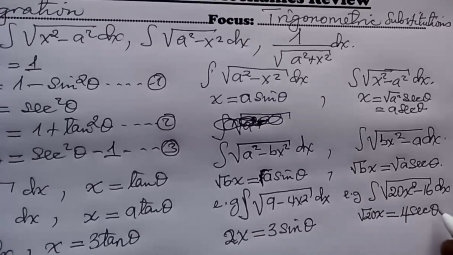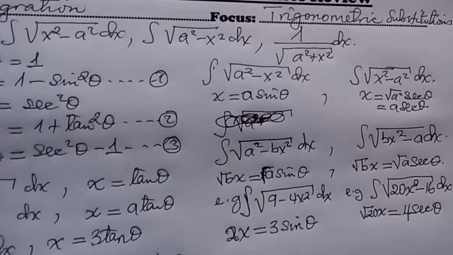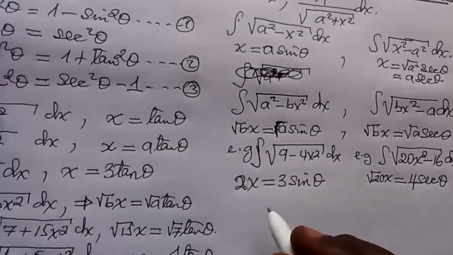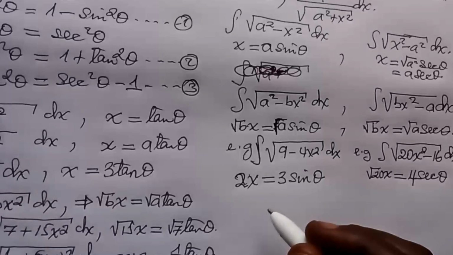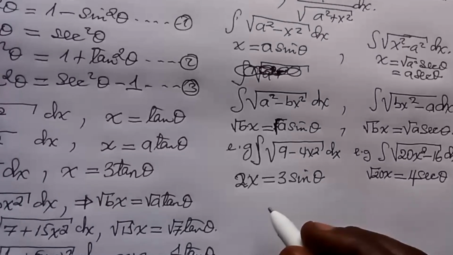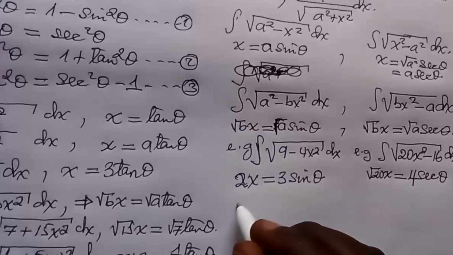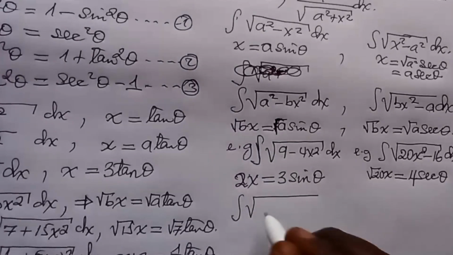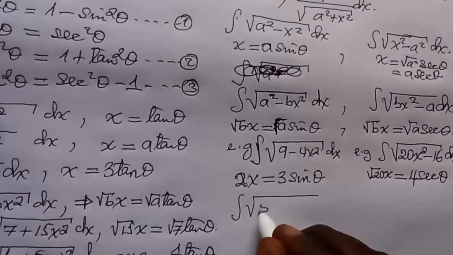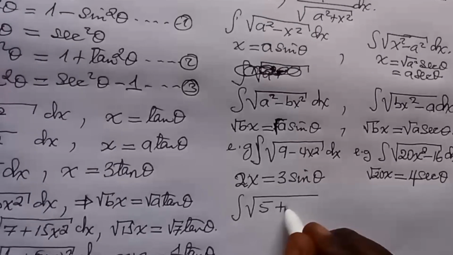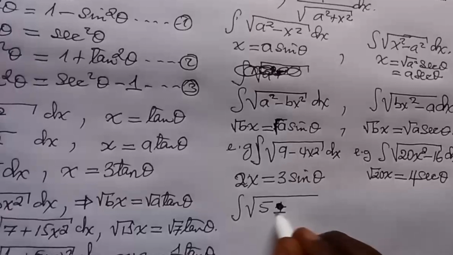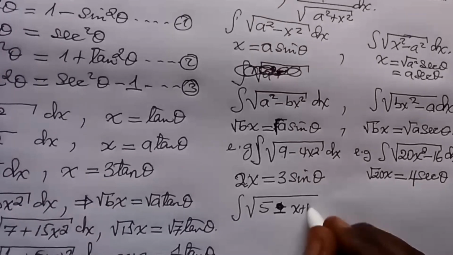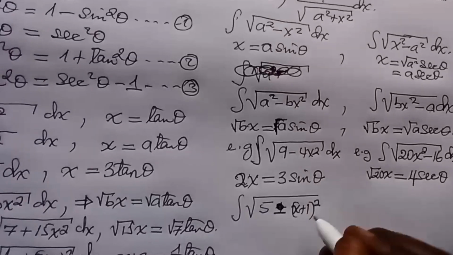Even when you complete the square in the case of quadratic expressions inside the square root, you could complete the square and have the integral of 5 minus x plus 1 all squared at some point.